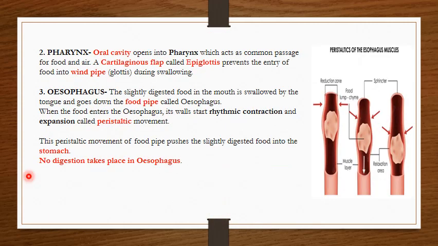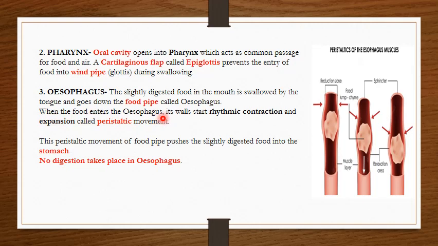2. Pharynx. Oral cavity opens into pharynx, which acts as a common passage for food and air. A cartilaginous flap-like epiglottis prevents the entry of food into windpipe glottis during swallowing. 3. Esophagus. The slightly digested food in the mouth is swallowed by the tongue and goes down the food pipe called esophagus.